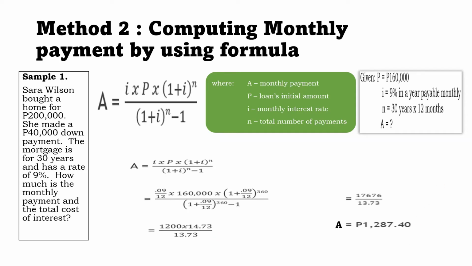So the amortized payment is 1,287 pesos and 40 centavos. So for method 2, Sarah Wilson will have to pay 1,287 pesos and 40 centavos monthly.